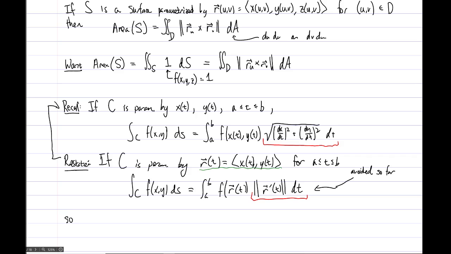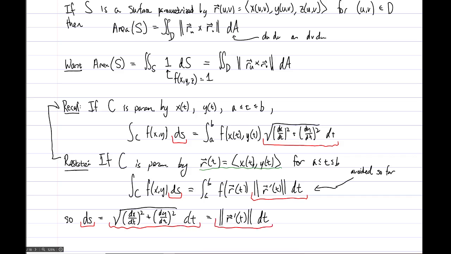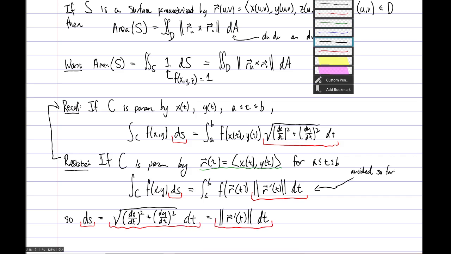The point is we have ds, which is actually equal to, copying from the first implementation of this integral, root of dx over dt squared plus dy over dt squared, all in the radical dt, or another way now that we have this is the magnitude of r prime of t dt. So all these things that are underlined in red are the same. They, of course, look a little different, but they're actually all equal.